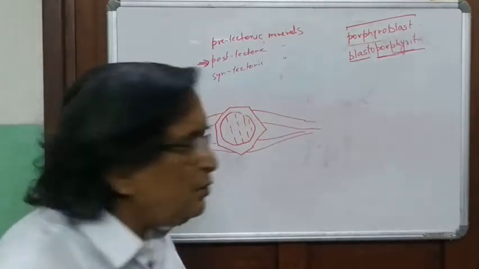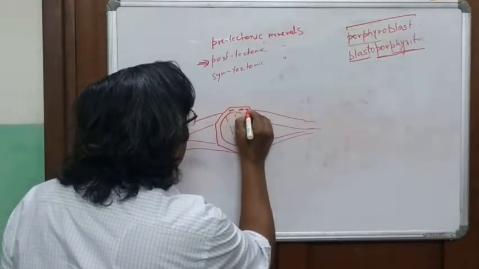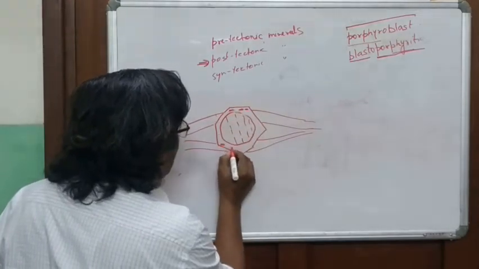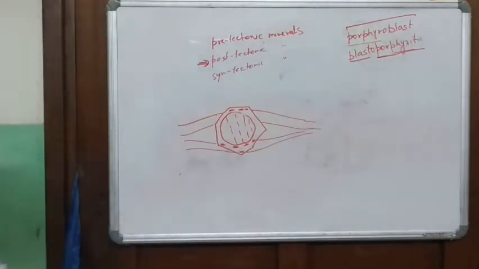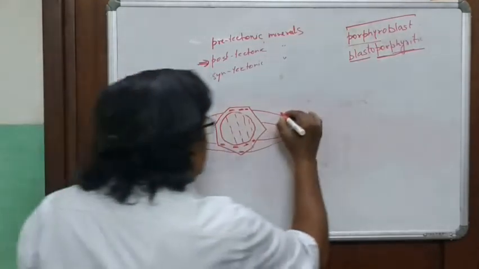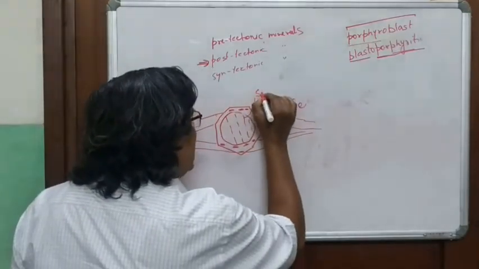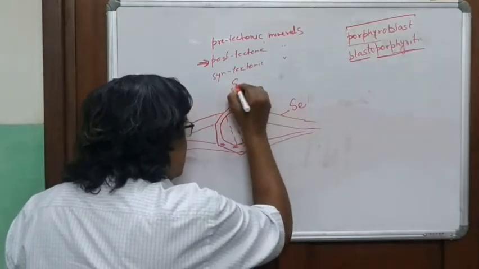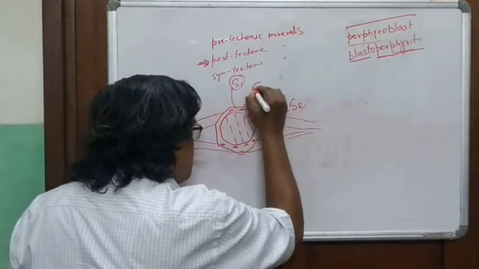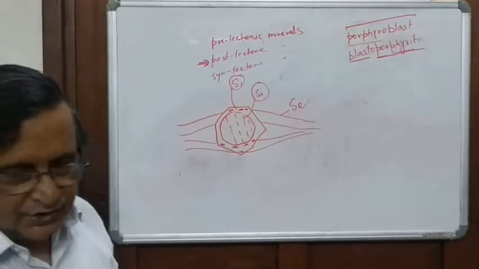What does this say to you? This is the S external and this is S internal, but there is also another S internal here. There are two S internals. There are two internal foliations.